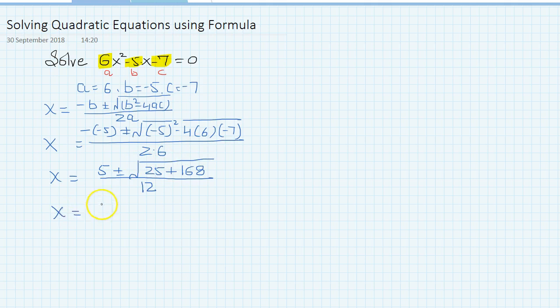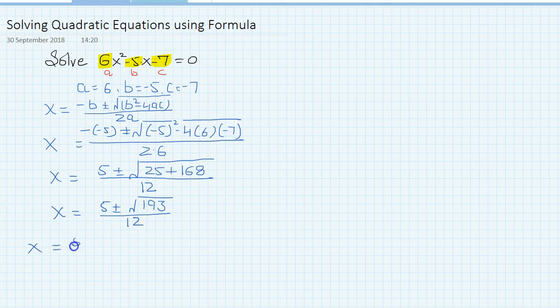So x will be 5 plus minus root 168 plus 25 is 193, divided by 12. So x is having two values.